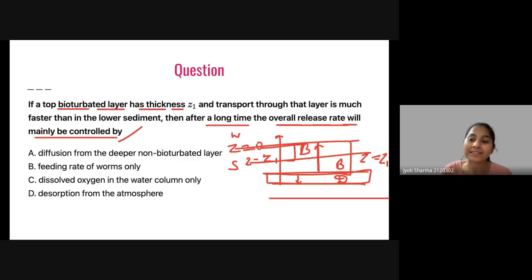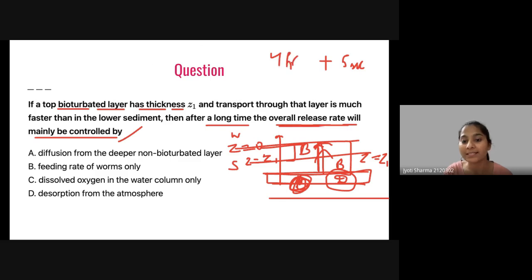Always, the release rate will depend on the slowest layer, right? Because here the transport will be faster, that will take no time. But the important part is the one below, the sediment diffusion part, where we do not have a bioturbated layer. Whatever diffusion time it takes is the main time. Let's say the upper layer takes just 5 seconds but the lower side takes 4 hours.